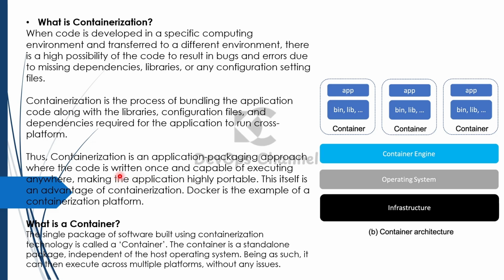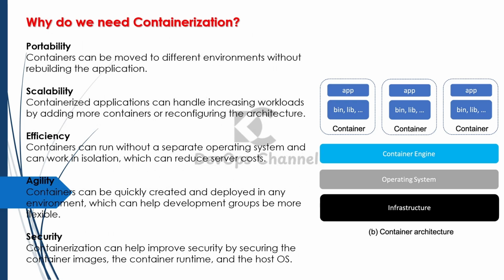So if you talk about why we need containerization, let's take an example. Suppose you want to deploy an application, let's say a database called Redis. In virtualization you will have an infrastructure, an operating system, a hypervisor, and then your guest operating system.